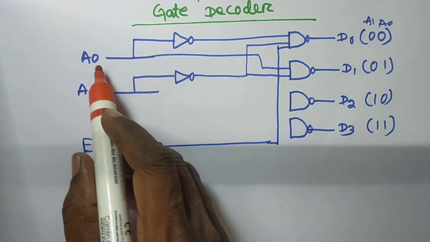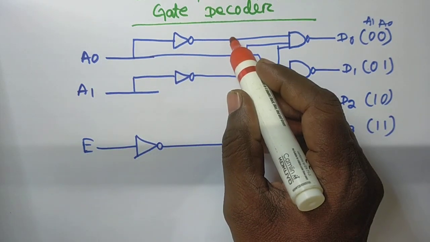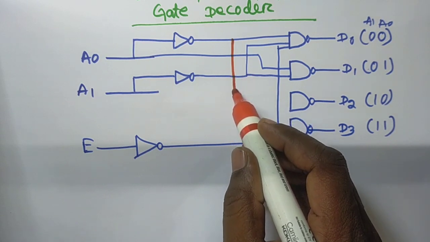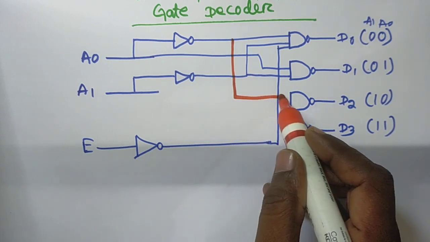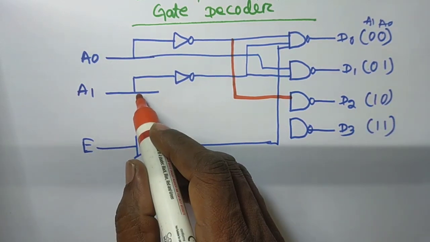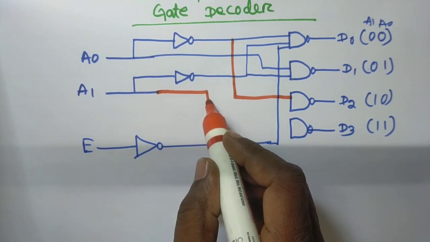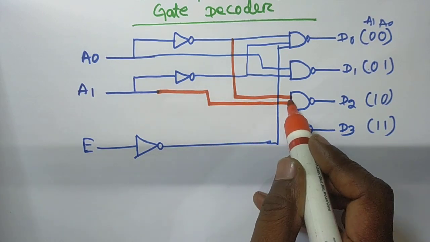A0 is 0, so we connect here in this way. A0 is 0 and A1 is 1, so obviously this part will be here like this.